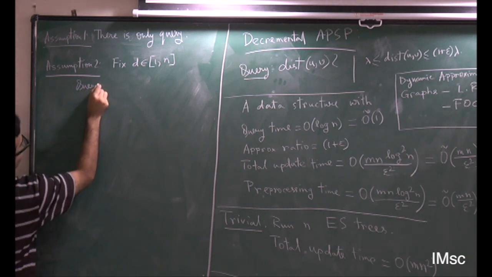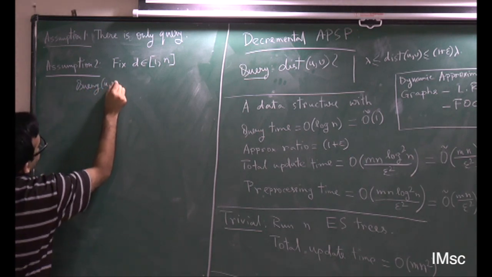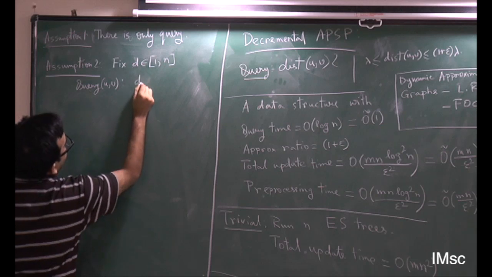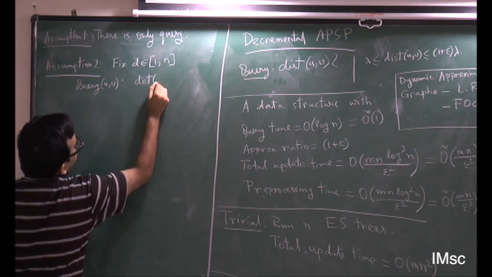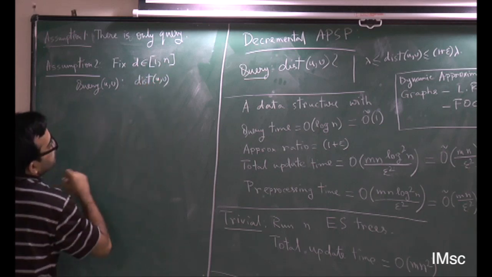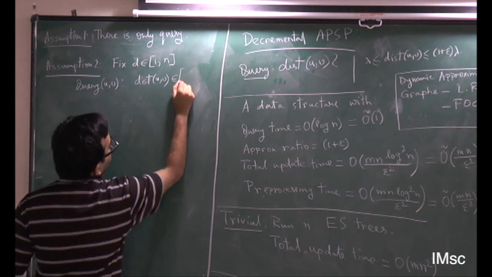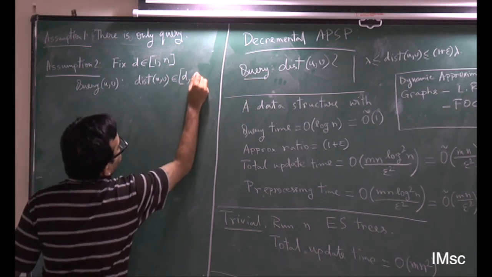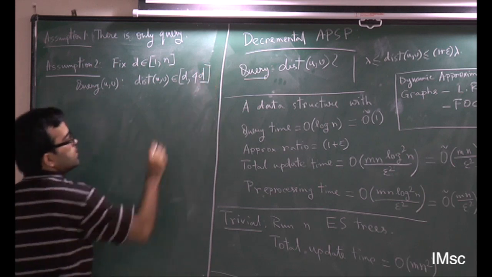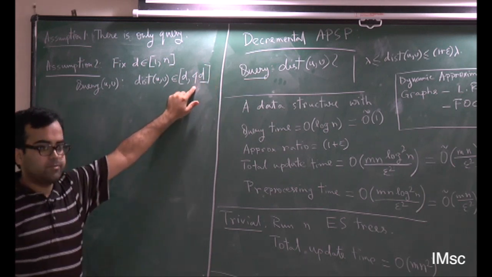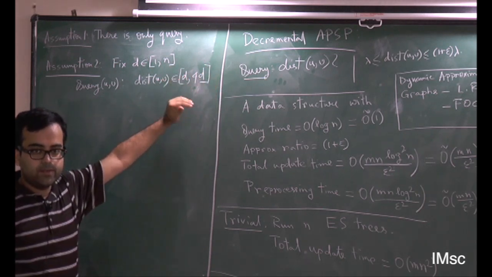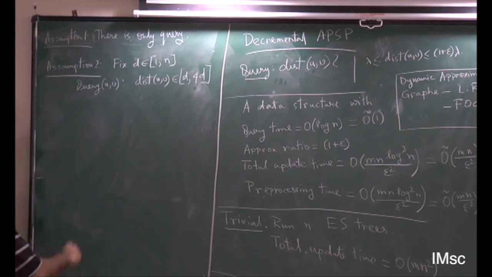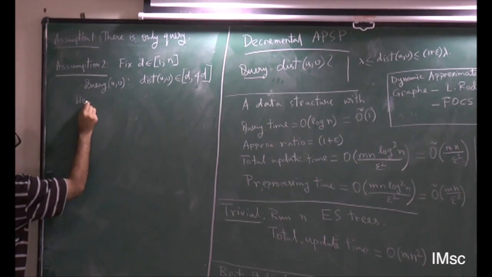When the query comes, u comma v, we know the distance is close to d, say between d and 4d. This 4 does not matter, you can replace 4 with any arbitrary constant, 10 or something, and this d is given to us.